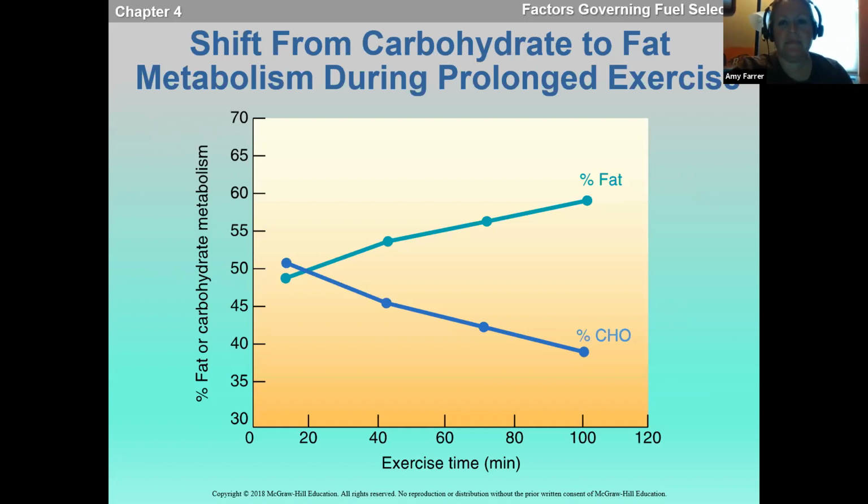As time goes on, we're going to deplete carbs faster than we deplete fat. So if we can maintain exercise for longer, especially in that 50 to 60% range, as we burn through those carbs, we really stay in fat oxidation. Truly, where we want to live is that 60 to 100 minute mark.